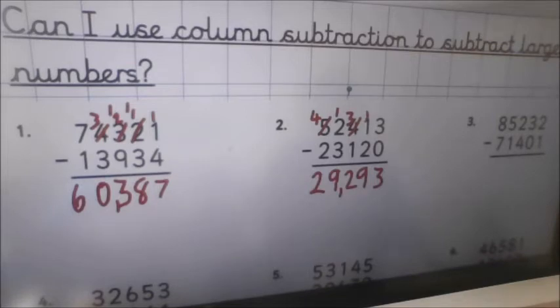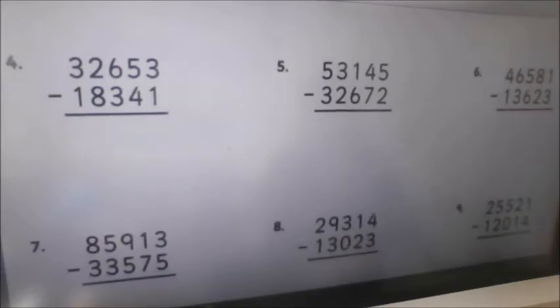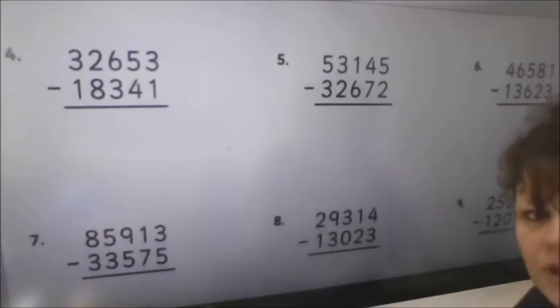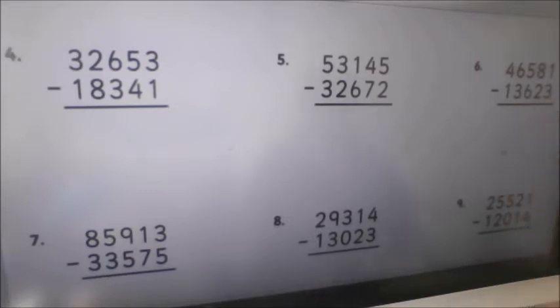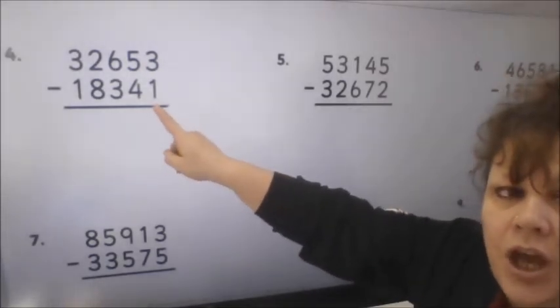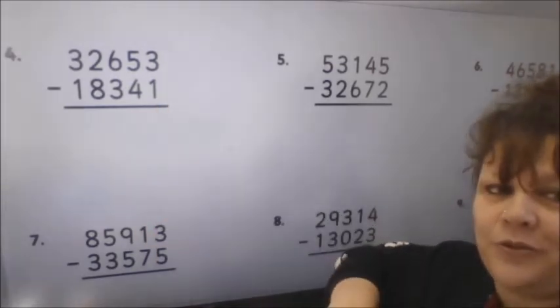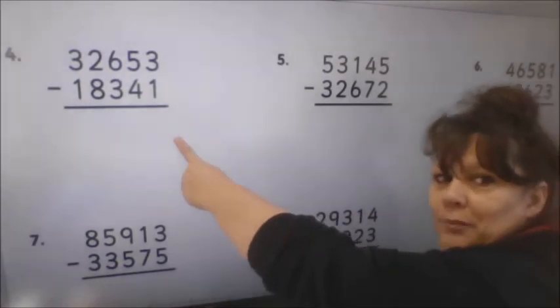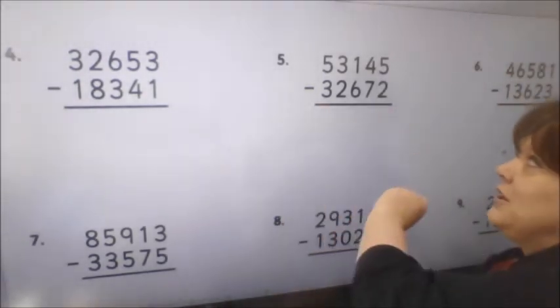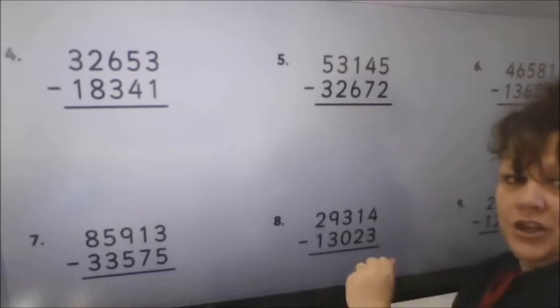Okay, so on the board, I have got some questions for you to have a go at. I would like you to have a go at these 4 on the board here. This one here, 32,653 take away 18,341. 53,145 take away 32,672.